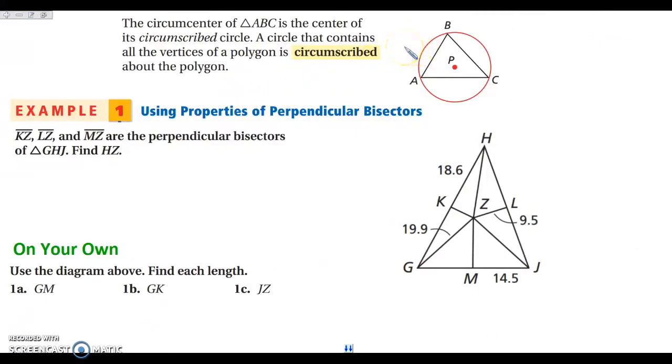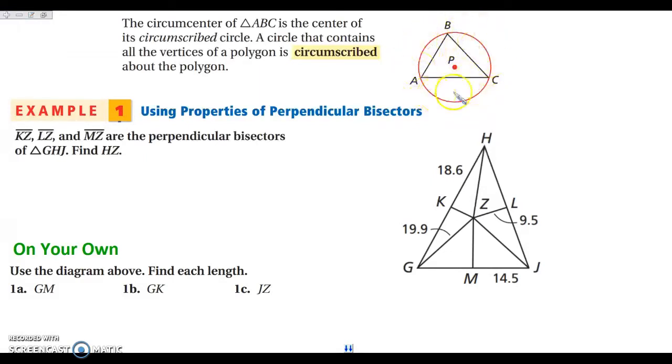Where the name circumcenter comes from is that it is the center of the circle that is circumscribed around the triangle. What that means is when you draw a triangle and you create a circle around it so that each vertex of the triangle is on the circle, just like you see here in this picture.